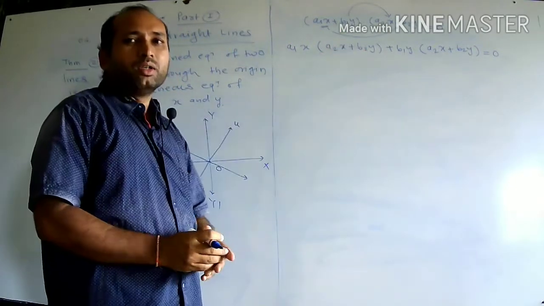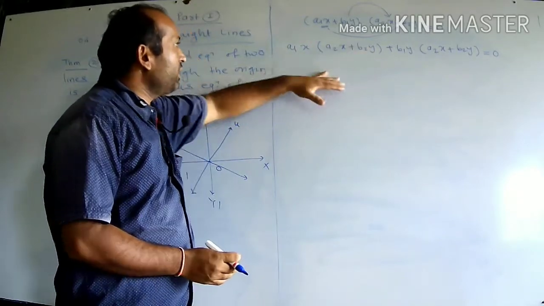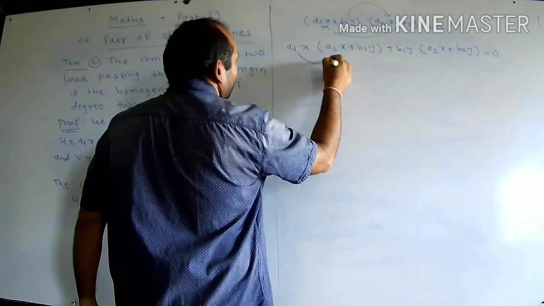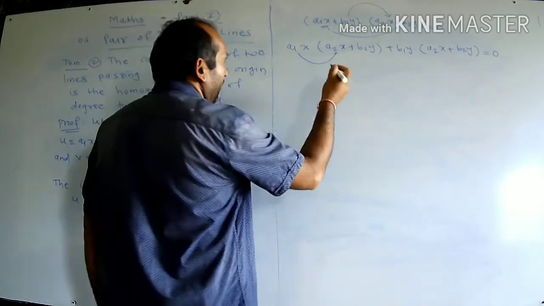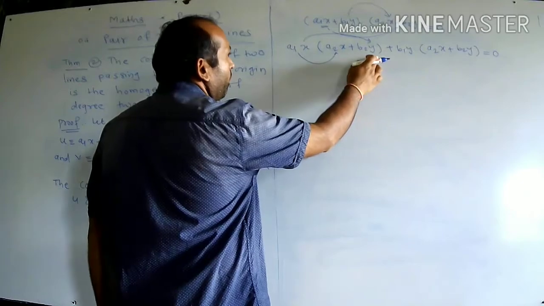Then simplify these terms. Here multiply each and every term of this bracket by the outside term. So we have a1x into a2x and again a1x multiplied by b2y.